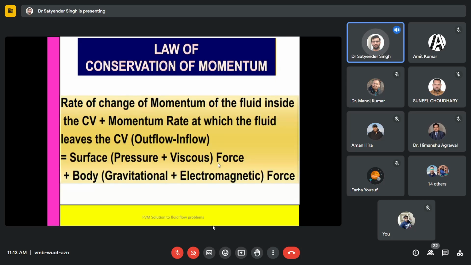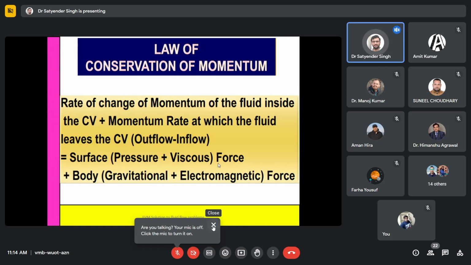Now, the law of conservation of momentum, as we know already, again for a control volume approach: the rate of change of momentum of a fluid inside a control volume, that is the unsteady term, plus the momentum rate at which fluid leaves the control volume. We'll consider momentum coming from one surface and leaving from another surface.